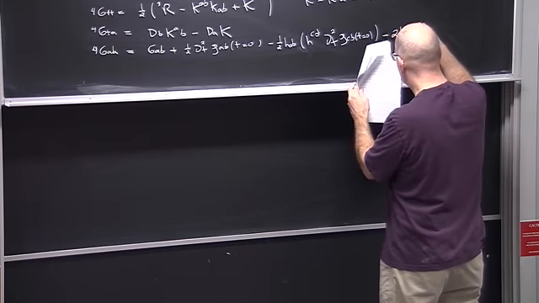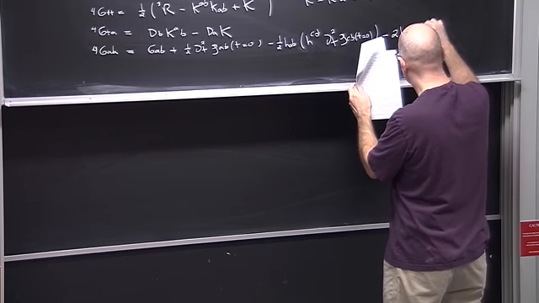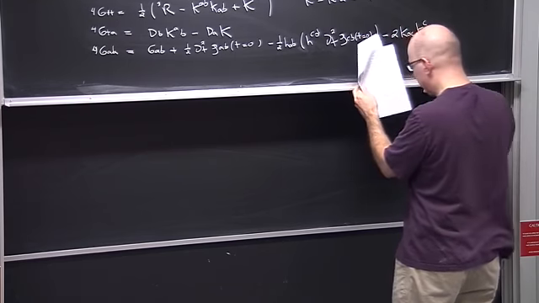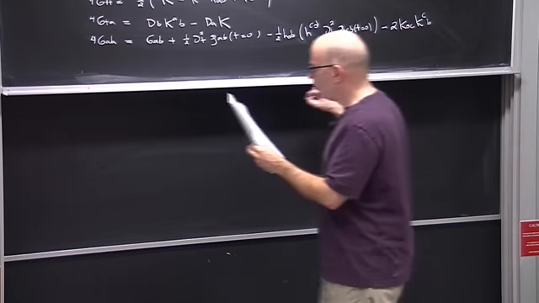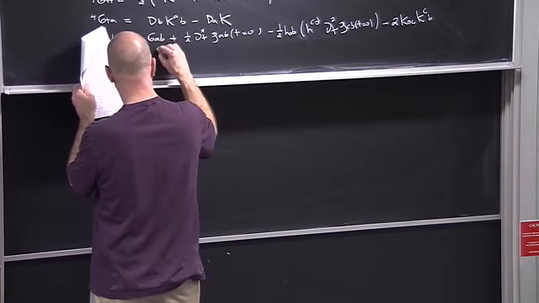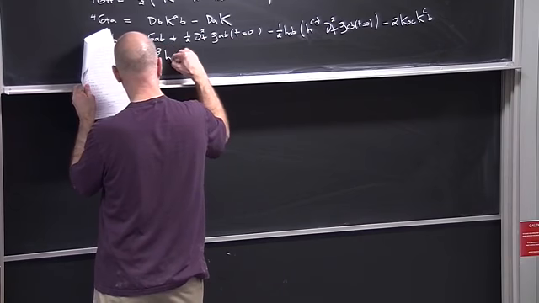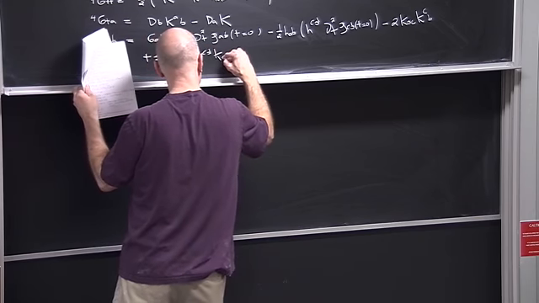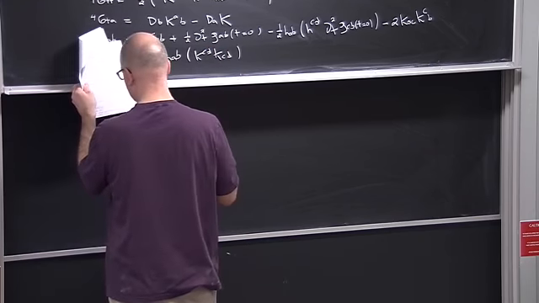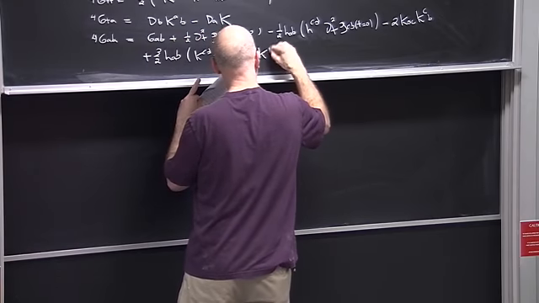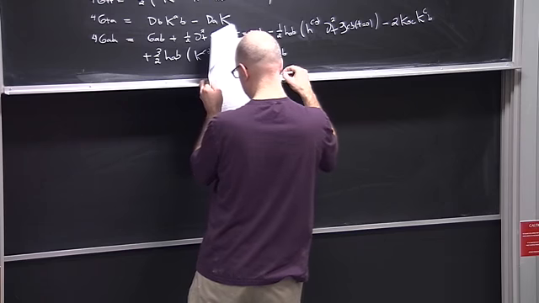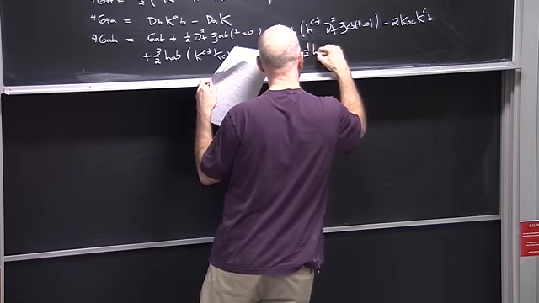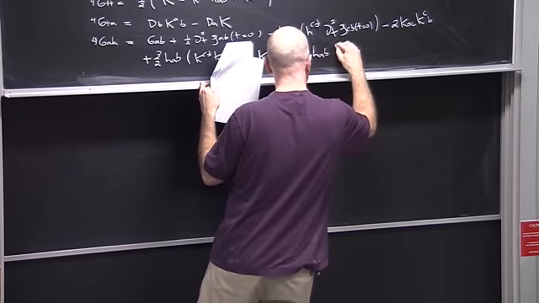Then we have 2 K_AC K^C_B. Then we have a few more terms, 3/2 h_AB K_CD K^CD, plus K K_AB, minus half h_AB K squared.